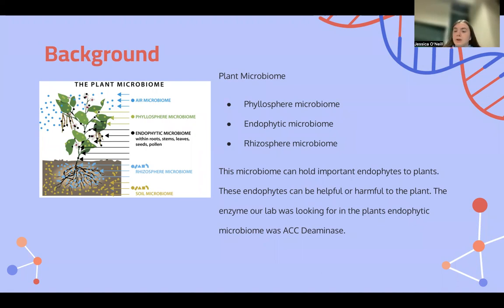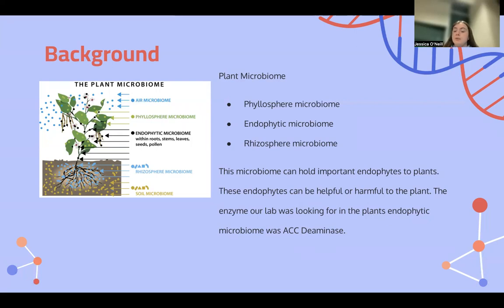And the final part of the microbiome is the rhizosphere, which includes the outer portion of the root area of the plant. The microbiome holds important endophytes to plants. These endophytes can be either helpful or harmful to the plant, depending on whether they're pathogenic or not.